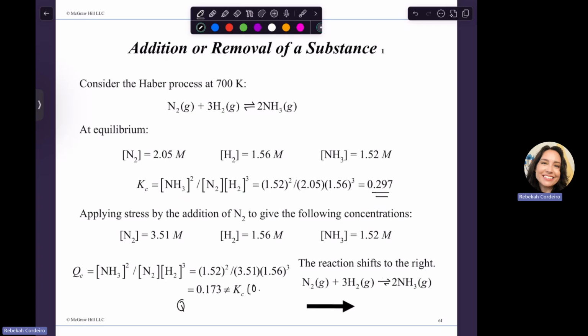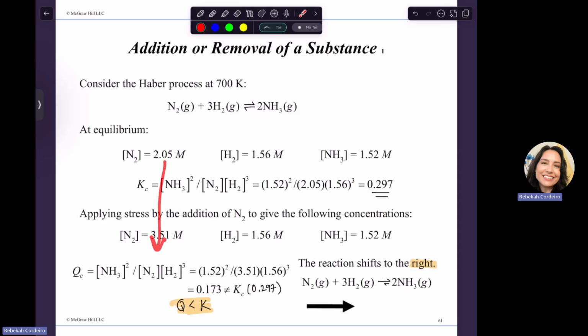Remember, K was 0.297, so Q is less than K. If Q is less than K, I'm going to be shifting to the right because I don't have enough products, right? So we can think about it in terms of Q versus K.